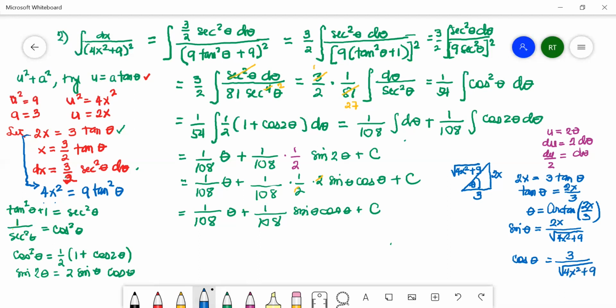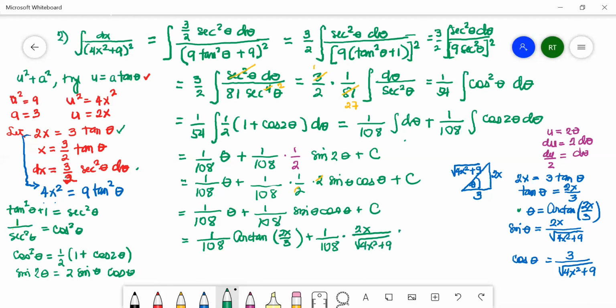Okay, so substituting the values of theta, sine of theta, and cosine of theta, then the integral is equal to 1 over 108 times theta. Theta is arctangent of 2x over 3, so times arctangent of 2x over 3, then plus 1 over 108 times sine of theta, which is 2x over the square root of 4x squared plus 9.